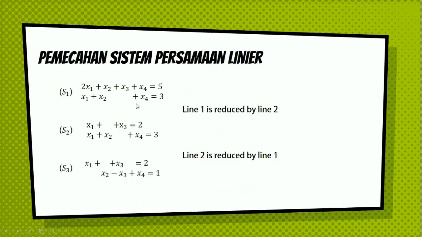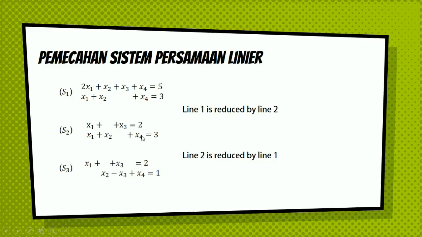So line 1 is reduced by line 2, so it becomes 2 minus 1 becomes 1, 1 minus 1 becomes 0, 1 minus 0 becomes 1, and 1 minus 1 becomes 0, and 5 minus 3 becomes 2. So this is the result of the first process.